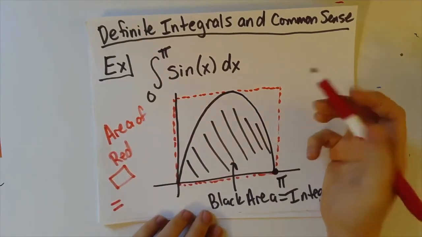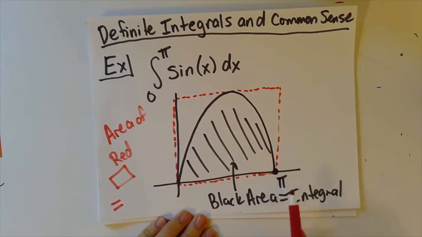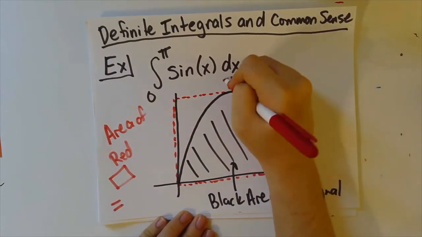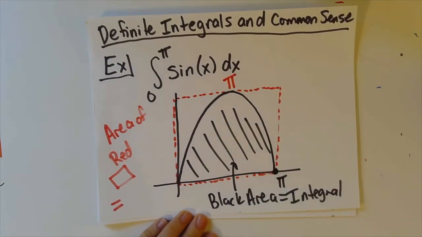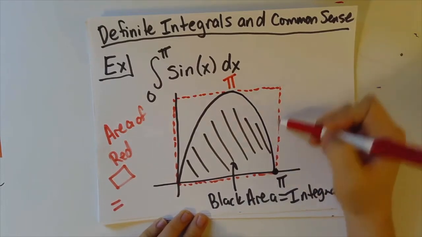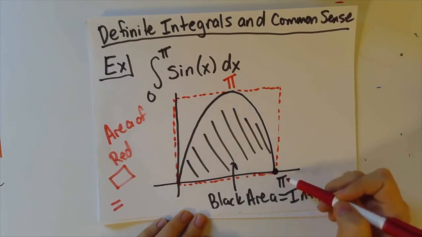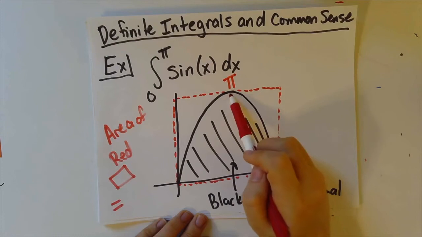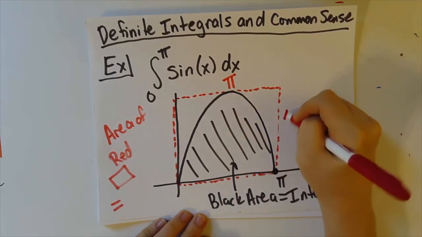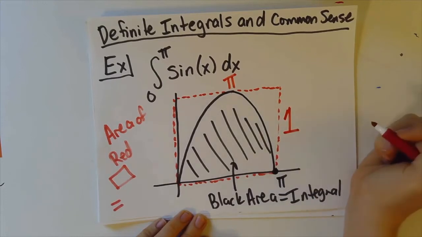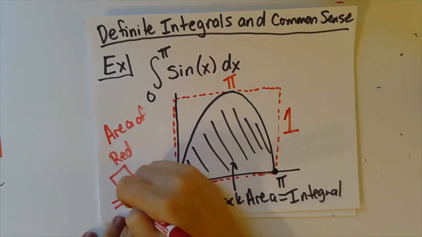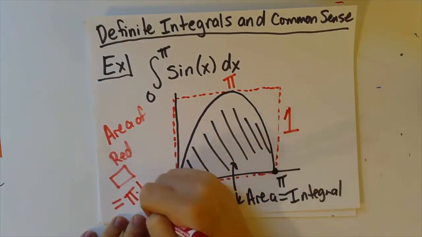Well, what's the width? It goes from 0 to pi, so it is pi wide. And what's the height? This is the height of a sine graph, so the peak here is at pi over 2 comma 1, which means this is 1 high. So the area here is pi times 1, which is just pi.